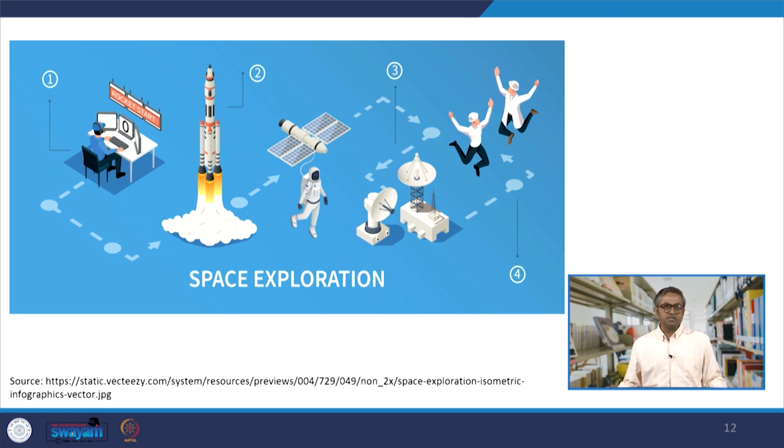All these things were not possible in the 1970s. In 1970, very limited people were handling a sophisticated system, that is, a computer.